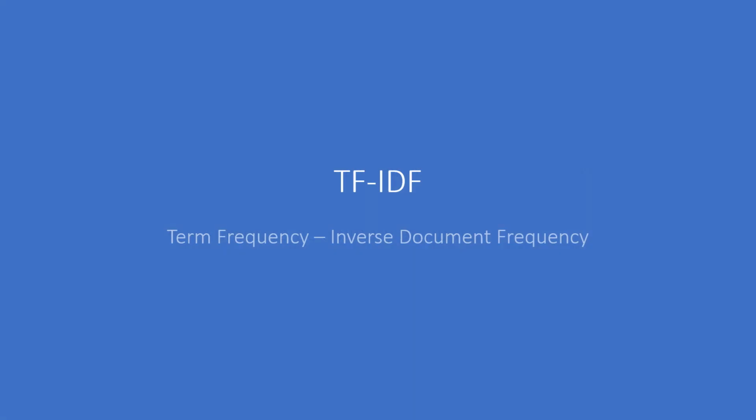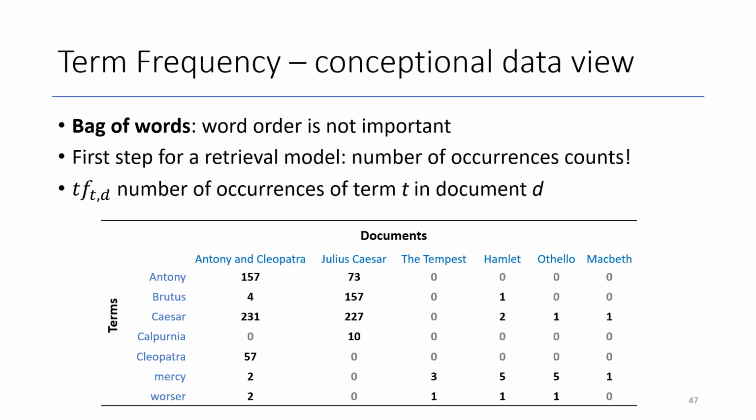Let's go into details and start with the most basic count-based scoring model there is, and that's TF-IDF, or in the long form, term frequency inverse document frequency. The conceptual data view of term frequency in a bag of words approach that we use here, where the word order is not important and you just count the occurrences of words, you basically get a sparse matrix.